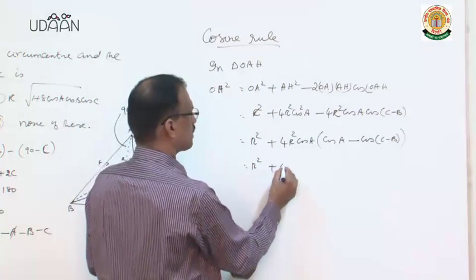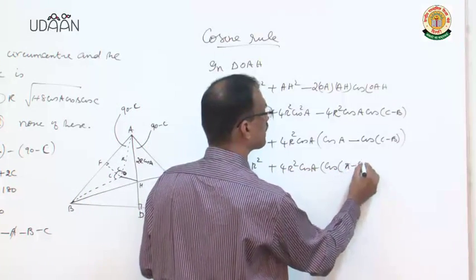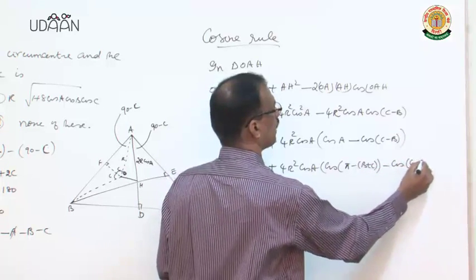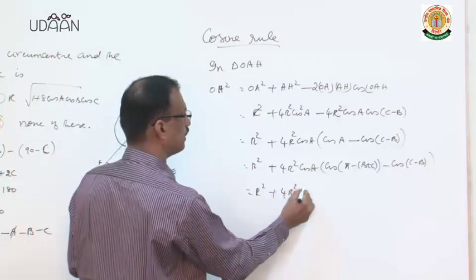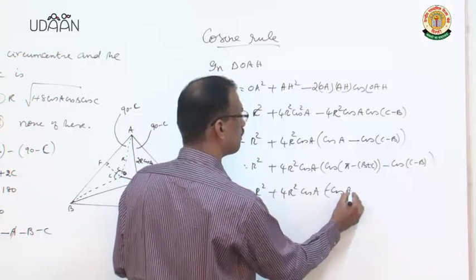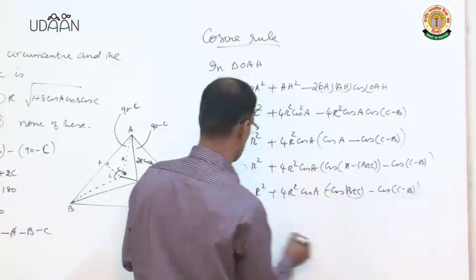Further, R square plus 4R squared cos A into (cos (pi minus (B plus C)) minus cos (C minus B)). So R square plus 4R squared cos A into (minus cos (B plus C) minus cos (C minus B)).